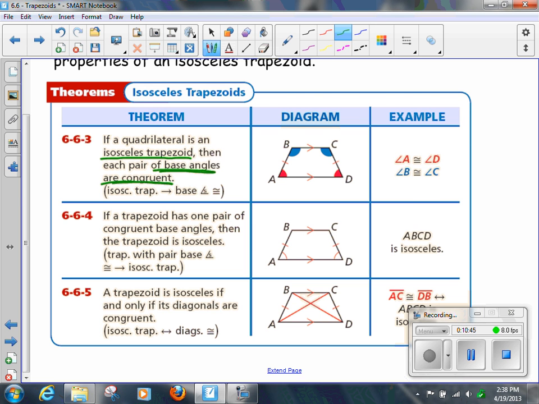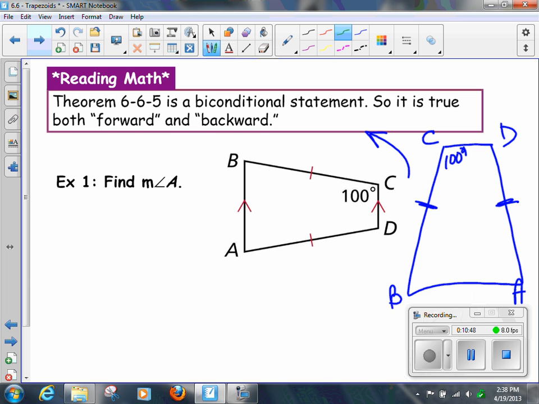Base angles are congruent in an isosceles trapezoid. So D is 100. But then, how do I determine A and B? Consecutive angles are what? Equal to 180. So what is angle B? 80, which is also a base angle to angle A, so what's angle A have to be? 80.